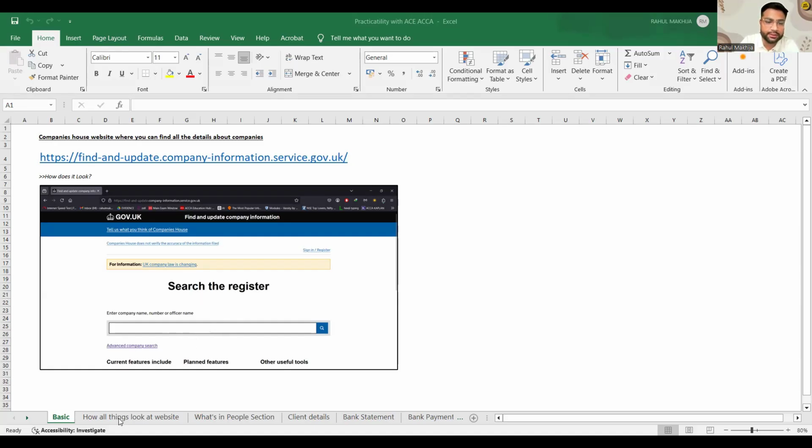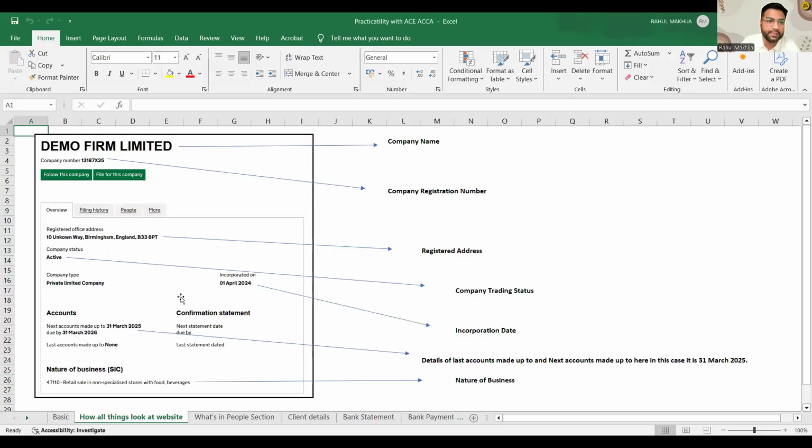We will insert the company name in the search box, and this will appear like this. Here I have created a demo firm limited where you can see the company name written, the company number, the registered address, the incorporation date, what the next accounts are made up to, and also the nature of business.